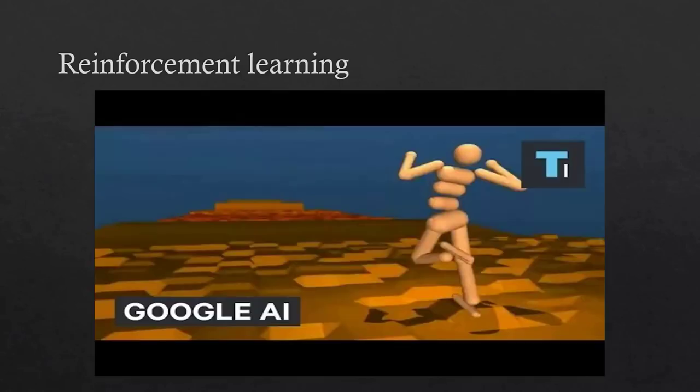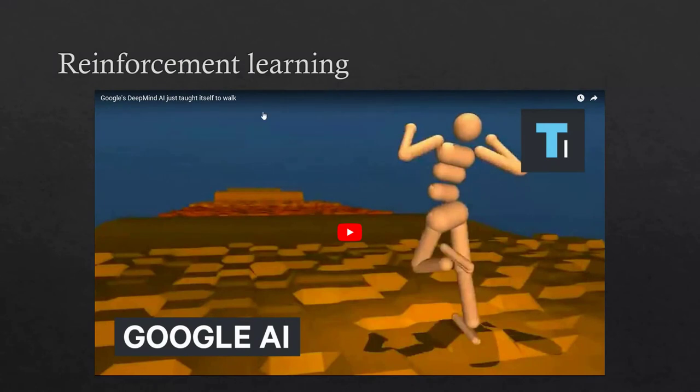There is a very nice video that explains how reinforcement learning works. This is a robot that they ask to go from point A to point B, but they don't tell him how to do that. They don't teach him how to walk, they don't teach him how to run, they don't teach him anything. They just tell him to go from point A to point B. And they give him sensors that tell him, for example, when he falls down, that this is not good.